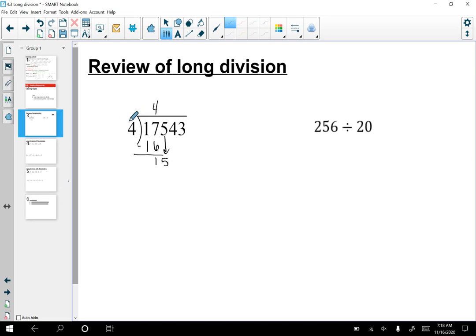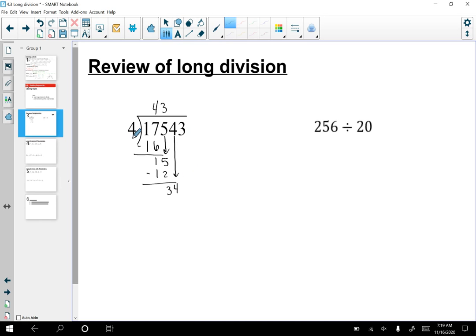How many times does 4 go into 15? 3 times, so I write that above my 5, okay? So we're working with this place, so it needs to be written above that 5. Okay, 4 times 3 is 12. Again, I subtract. 15 minus 12 gives me 3, and I move on and bring down that 4.